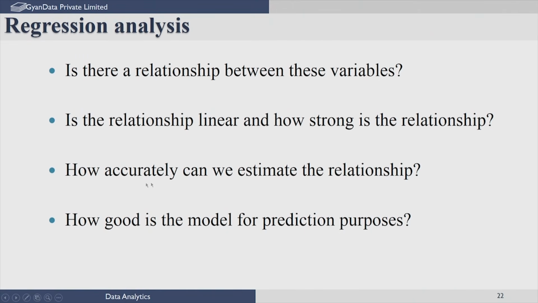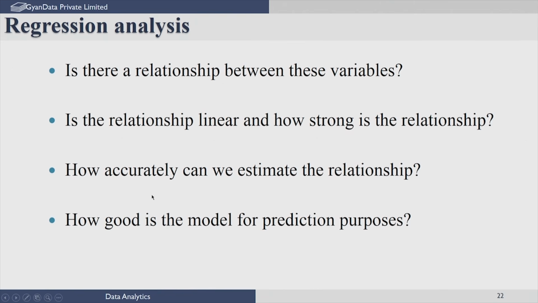Also, since we are dealing with data that has errors or is stochastic in nature, and we only have a small sample that we can gather from the particular application, we want to ask: what is the accuracy of our model, in terms of how accurately we can estimate the relationship or the parameters in this model, and if we use this model for prediction purposes subsequently, how good it is.